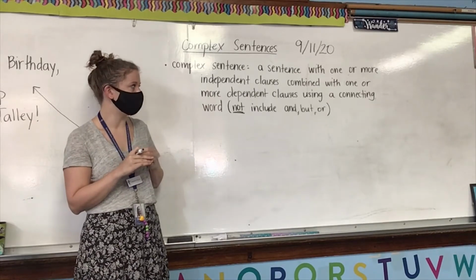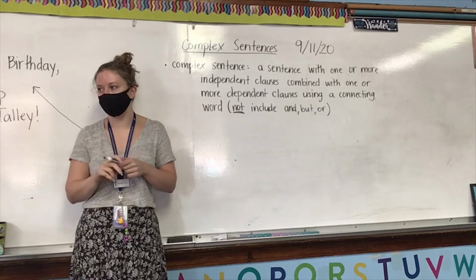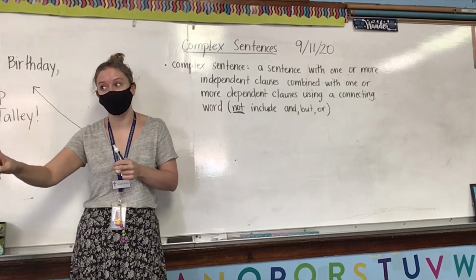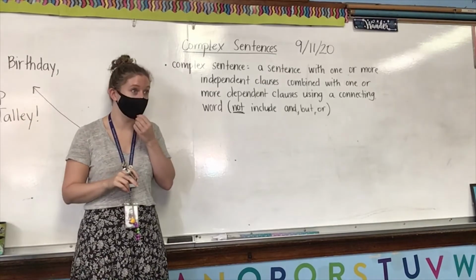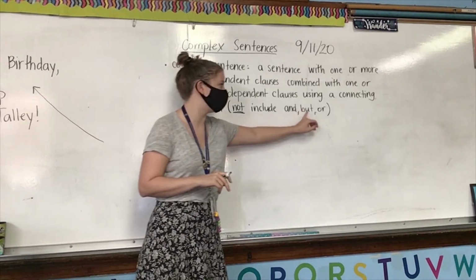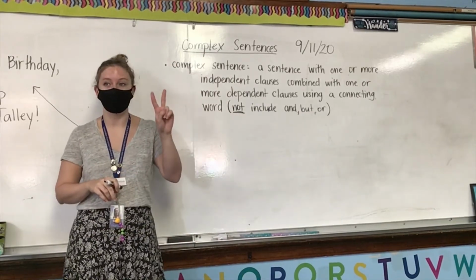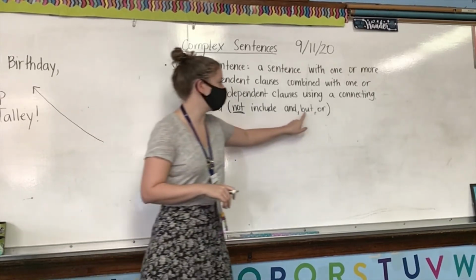Clause. Nope, not dependent clauses. Kingston? Not compound subject and predicate, but compound. Compound sentences are combined using and, but, or. Remember, compound sentences are made up of two independent clauses combined with and, but, or.